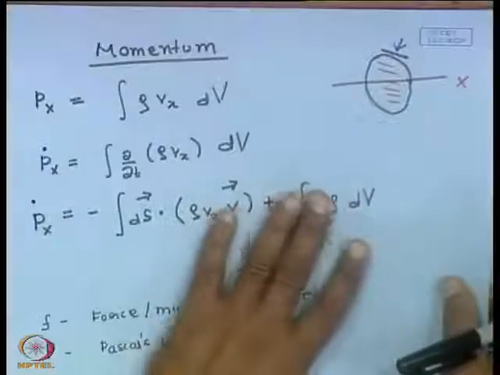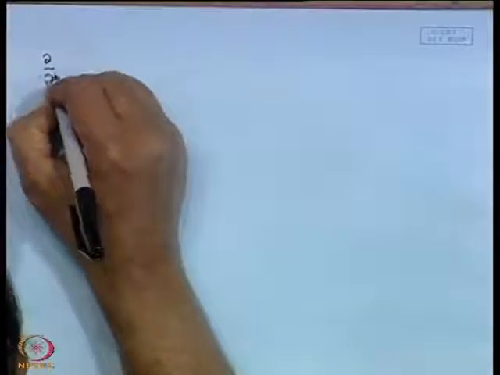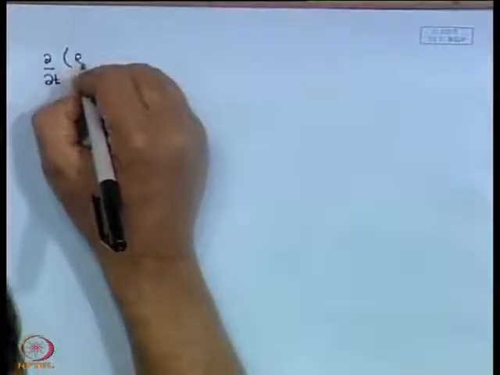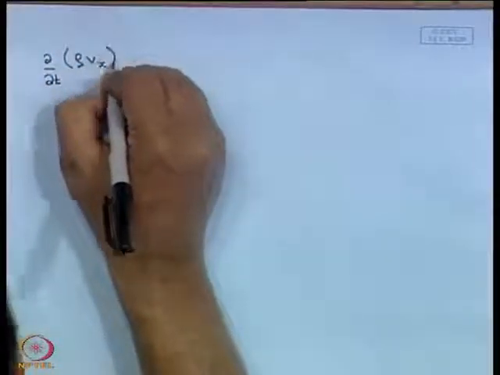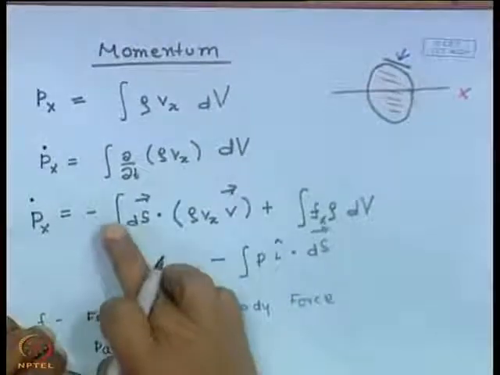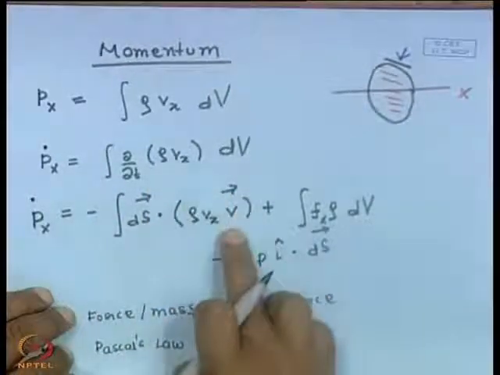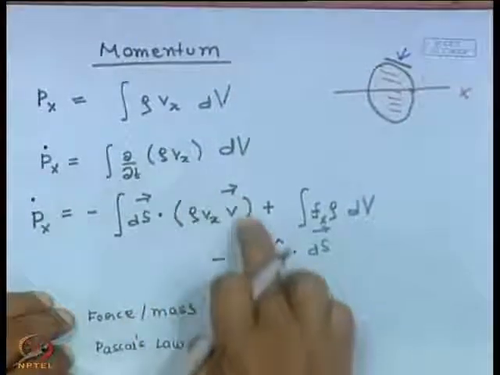The integrands of all the volume integrals should be the same. So, we have del by del t of rho Vx, that is this, is equal to minus the divergence of this term, right.